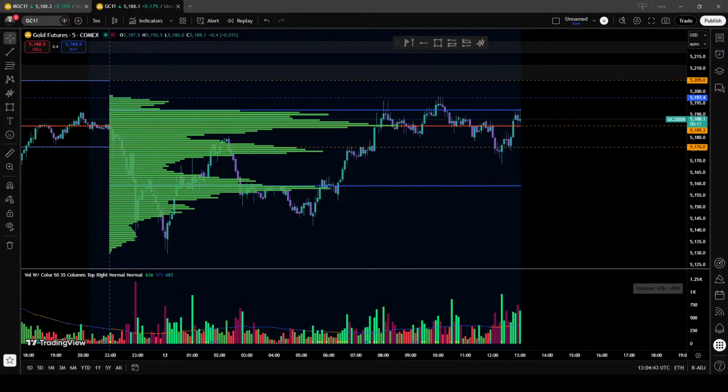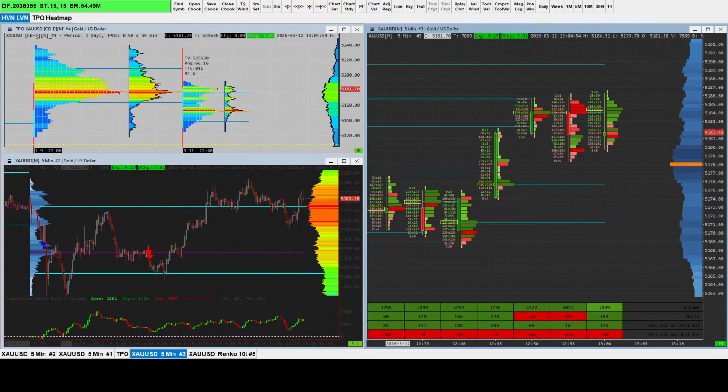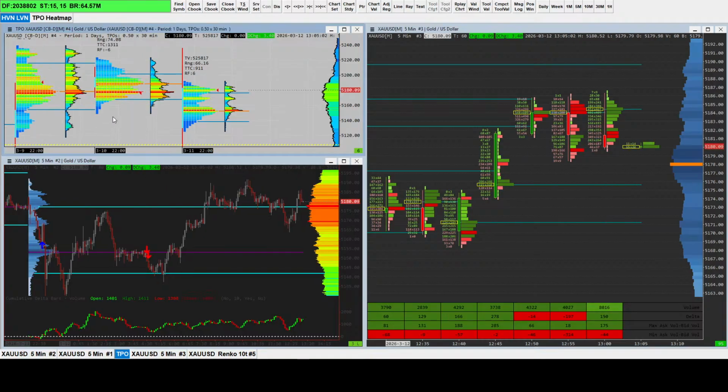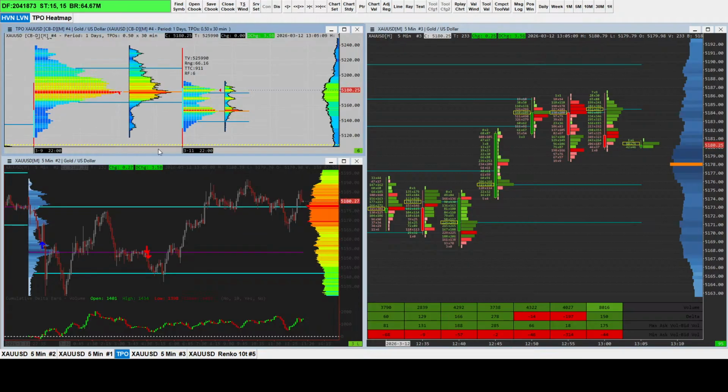Okay, so let's go to Sierra Chart and see what we can figure out. Looking at the profile, this is a composite profile. Let me just undo this and I'll show you. You can see this day's value is completely within this day, so we can put them together.